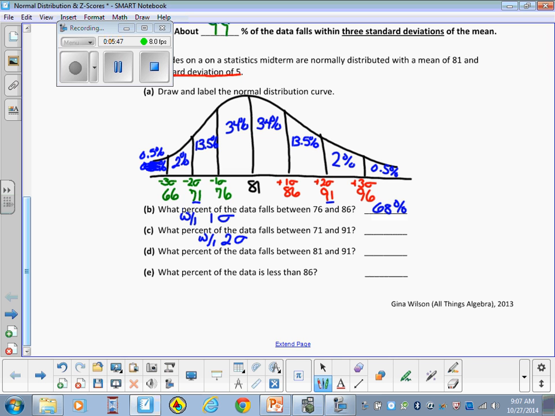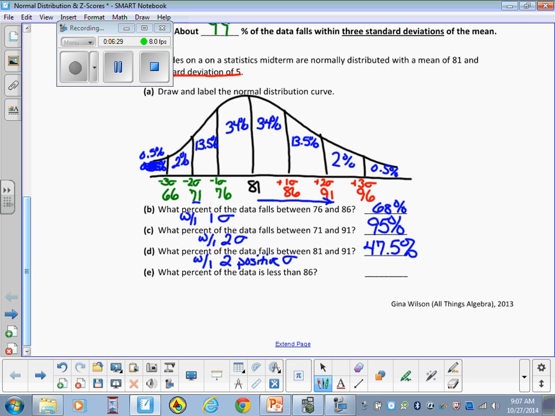So we have 68 plus 27 again, which is 95%. What percent of the data falls between 81 and 91? Ooh, another way to say this would be within two positive standard deviations. We're only interested in 81 up to 91. So 34 plus 13.5 is 47.5%.